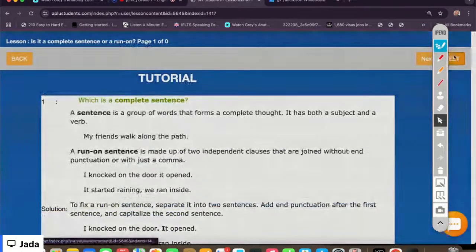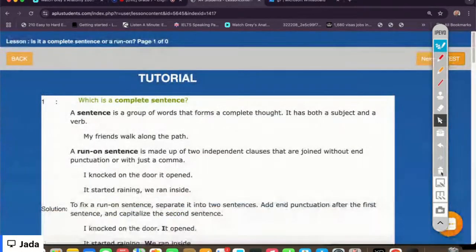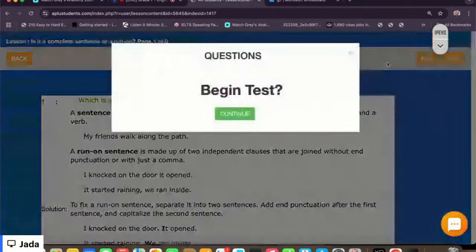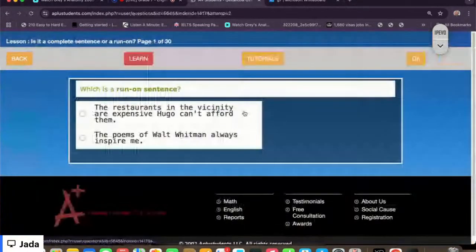All right. So, which is a run-on sentence? The restaurants in the vicinity are expensive. Hugo can't afford them. The poems of Walt Whitman always inspire me. So, which is the run-on here?